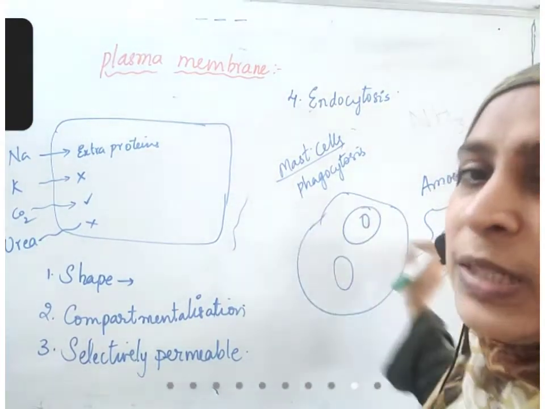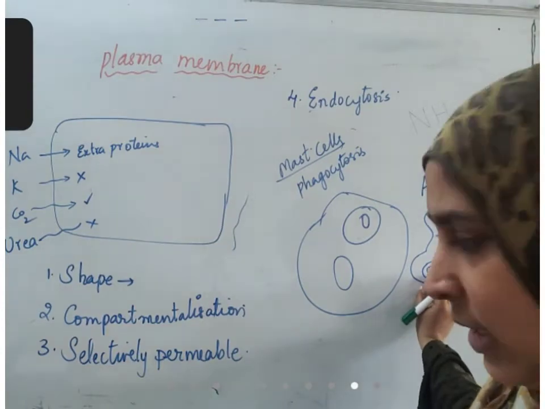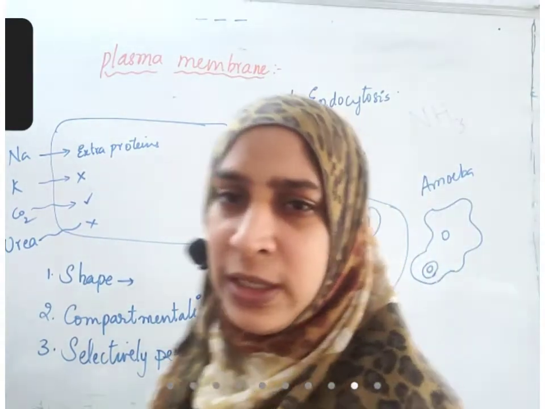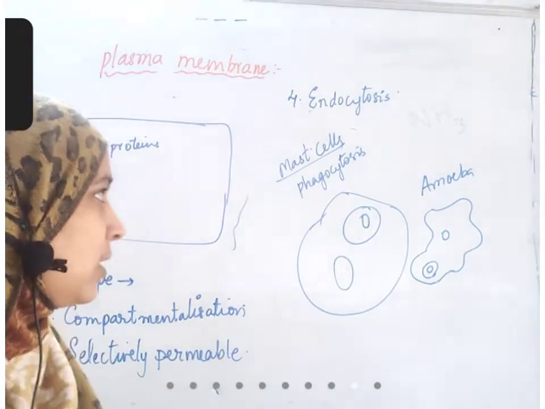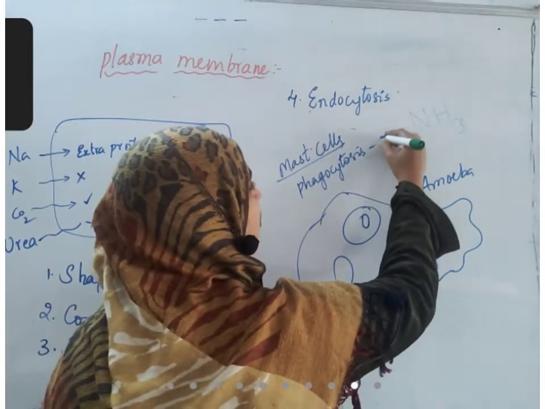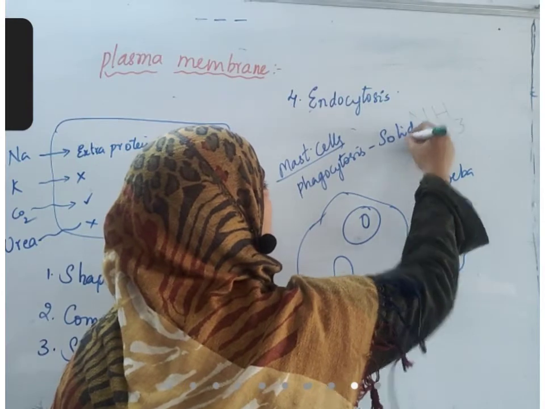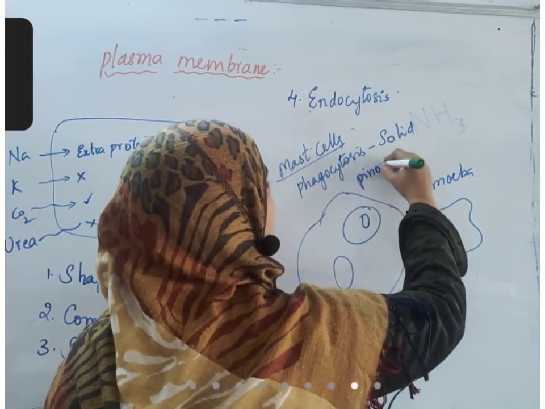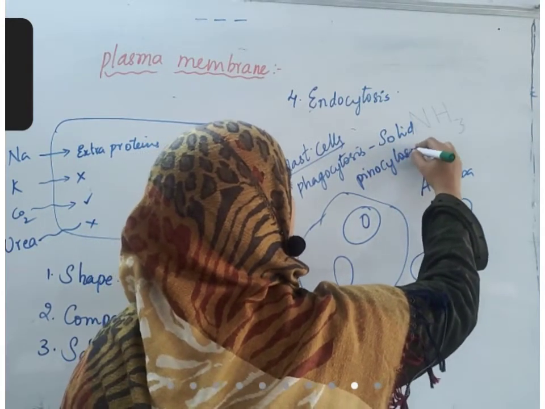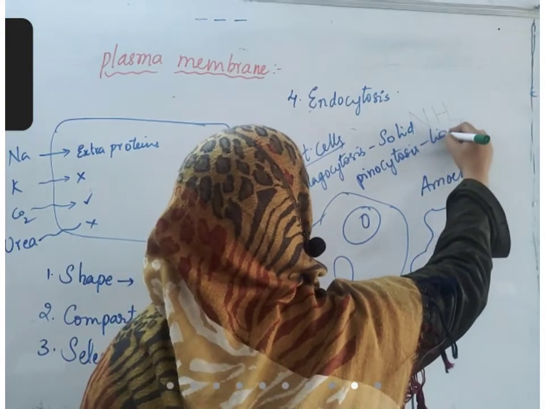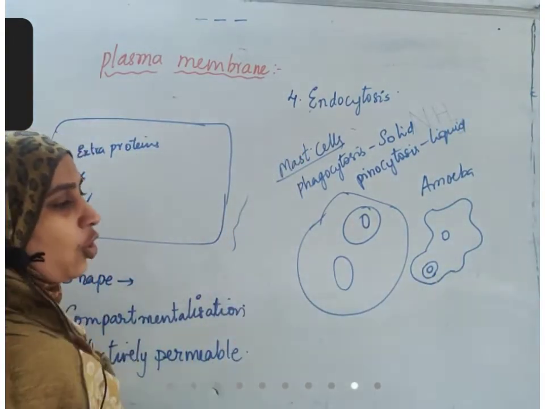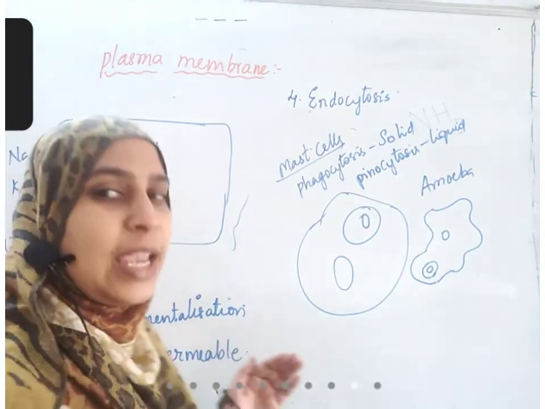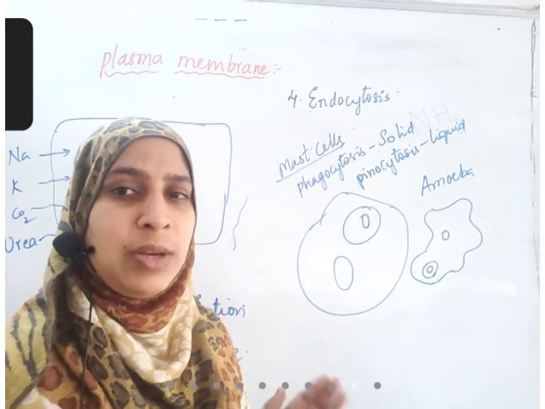Okay, this process of taking the complete particle inside is called endocytosis. You call it phagocytosis if it is a solid particle, pinocytosis if it is a liquid particle, like water moving inside not by osmosis. This is engulfing of a particle. The particle will be engulfed completely.